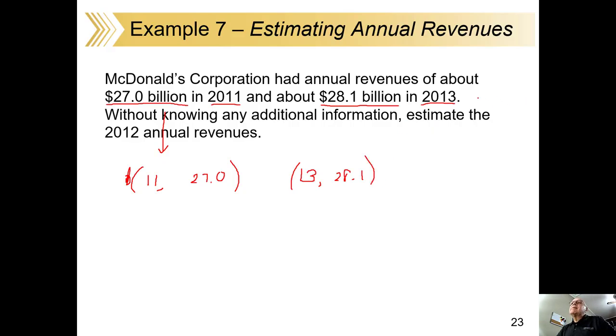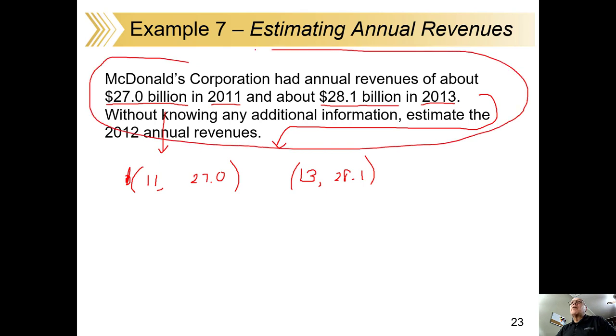The one thing this has done is it's taken your information that's inside a paragraph and put it into something real simple. One thing that I dislike about word problems is having to go back and read the paragraph over and over and over to get the numbers. So I separate them out, put them in some kind of order.